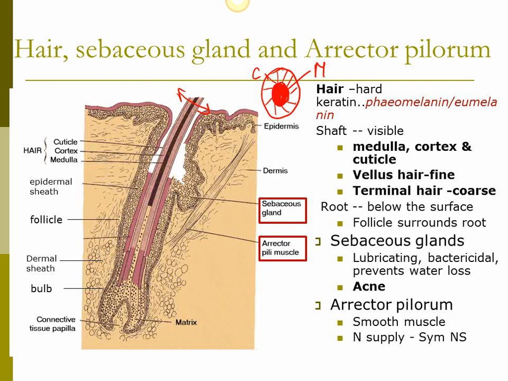Over the cortex, you have thin cells which lay flat one on top of the other, almost like shingles on a roof, and that is known as the cuticle. So I'm going to draw this again. Here's the medulla, here's the cortex, and these cells lie one on top of each other like this. Can you see? This is what is called the cuticle.